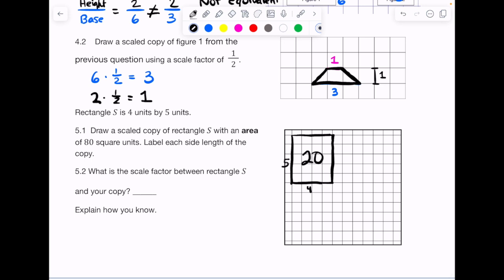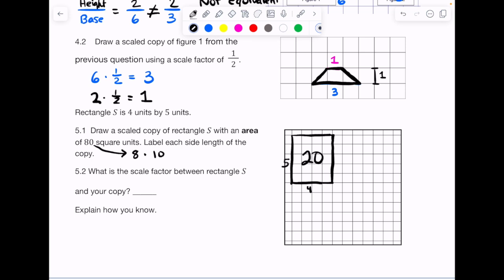My goal is to create a scaled copy of that with an area of 80. So we want to think about, right, what can we multiply to get 80? And the best one that should come to your mind is 8 times 10. I mean, there are other ways to get to 80, but I imagine that's sort of like anyone's initial thinking. Right? 8 times 10 is 80.